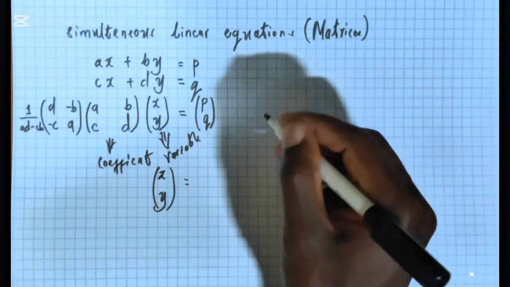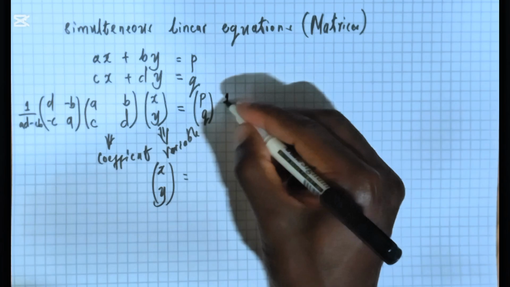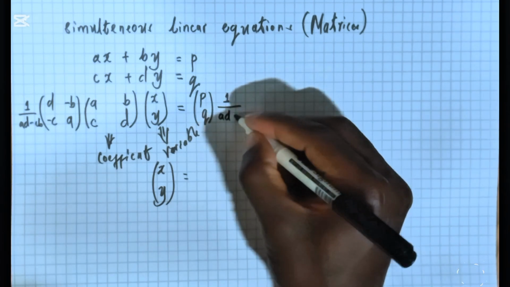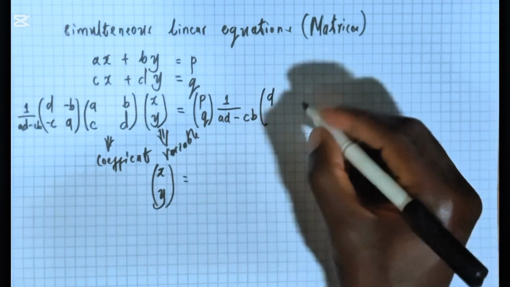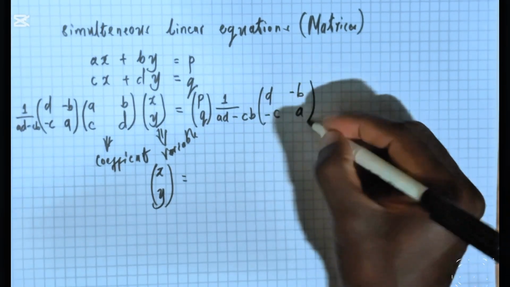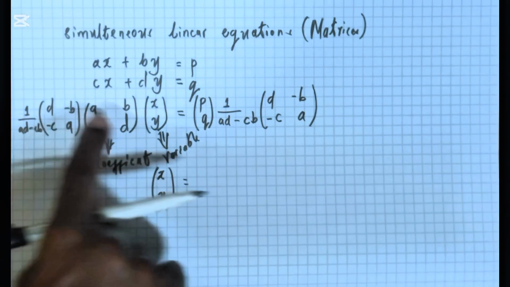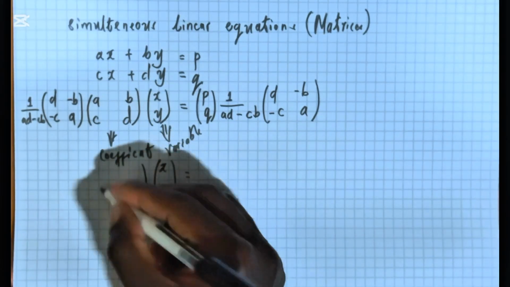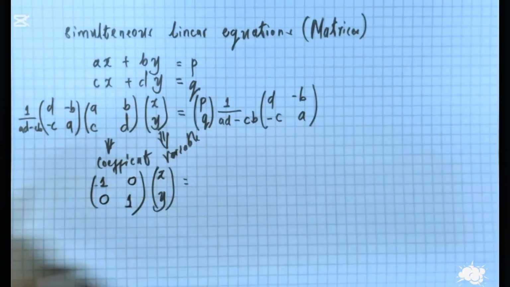So we will multiply the left hand side by that and the right hand side by the same. So with the right hand side, we also get to multiply it by the inverse. Of course, that will be 1 over ad minus cb, into d, negative b, negative c, a, multiplying p and q. You will notice that when you multiply the coefficient matrix by the inverse, you will get an identity matrix, that is 1, 0, 0, 1 right there.